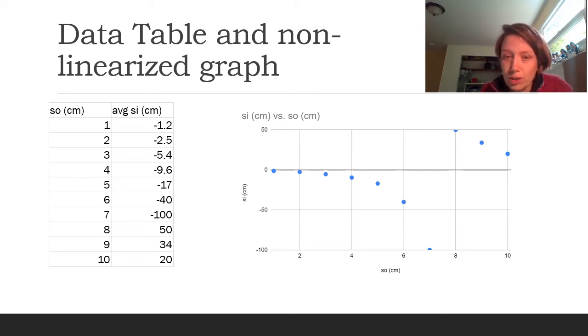There's no way you can draw a straight line through that data set and learn anything about it from the slope or the intercept. So this is where the algebra manipulation of those equations is going to become important. We can somehow turn our data from this mishmash crazy graph into something that is linear that we can actually learn a result from. So this is what not to do with this data, and then I'll show you what to do with it in a second.